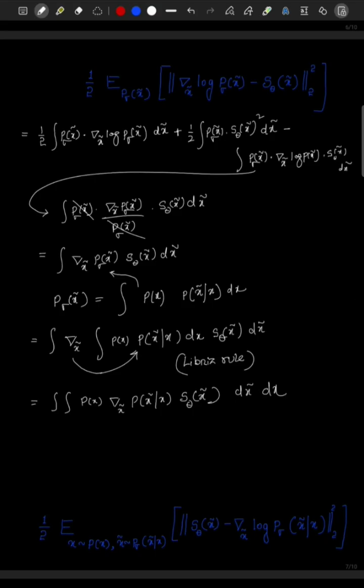Okay. So now let's replace this thing with its equivalent chain rule derivative, the original term whose chain rule derivative is this term. So it is again log of p(x tilde | x) into p(x tilde | x).